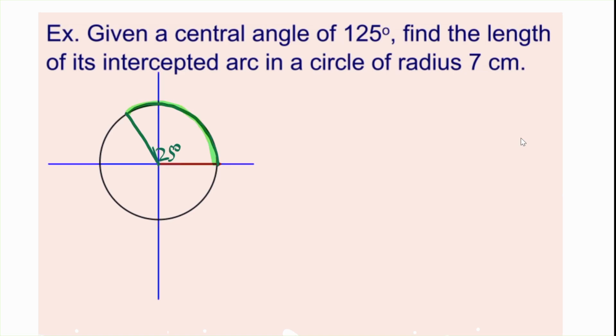If I'm using the formula, arc length equals r theta, theta has to be in radians. So I'm going to take 125 degrees times pi over 180 to get theta into radians. So the degrees cancel, and it's 125 over 180 pi.